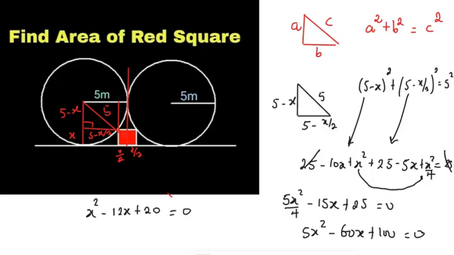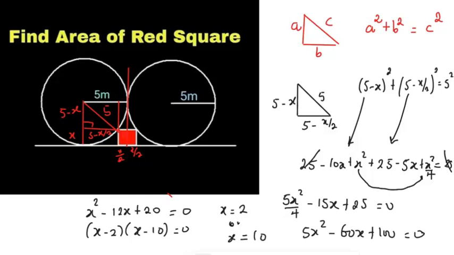So if you use the general quadratic formula to solve this, or if you use the factorization method, we know this is going to be x minus 2 multiplied by x minus 10 is equal to 0. So from here we get x is equal to 2, or x is equal to 10.